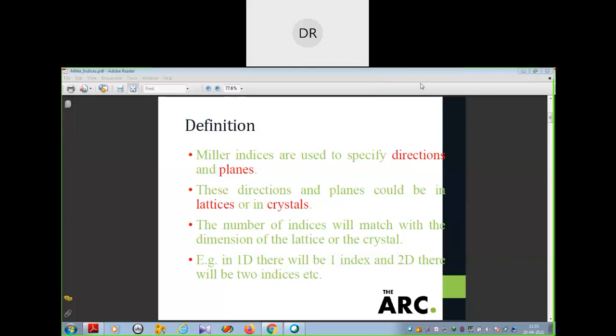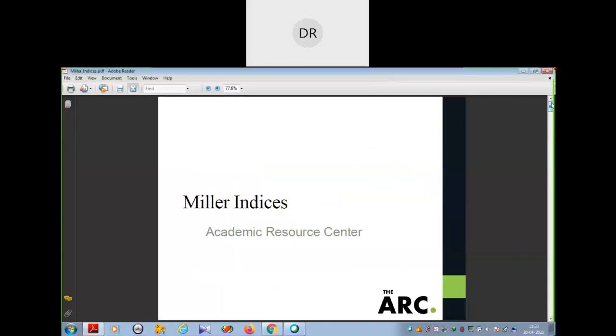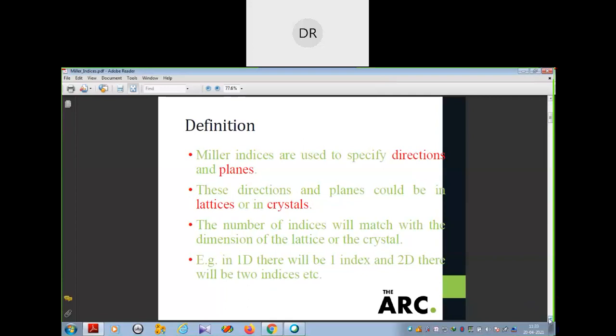So today we'll study about the Miller indices. In the previous classes, we covered what crystals and unit cells are.